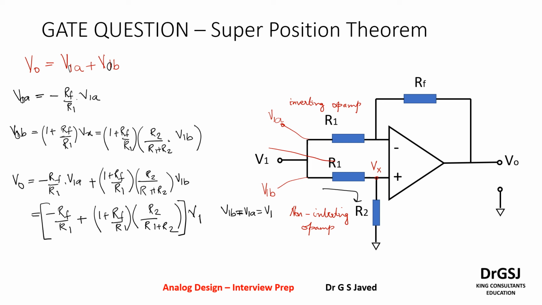If you want to simplify further, we can eliminate these two terms. So Rf by R1 times, if you remove, Rf plus R1 is R2 by R1 plus R2 minus 1 plus R2 by R1 plus R2, times V1.